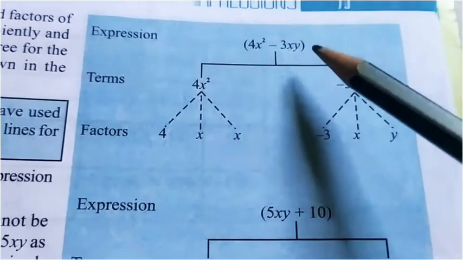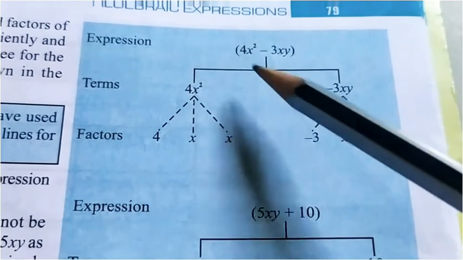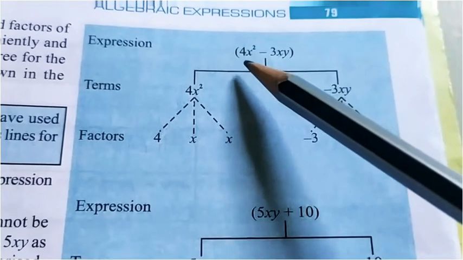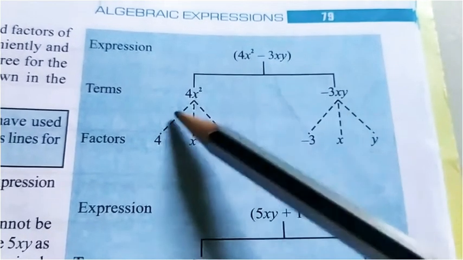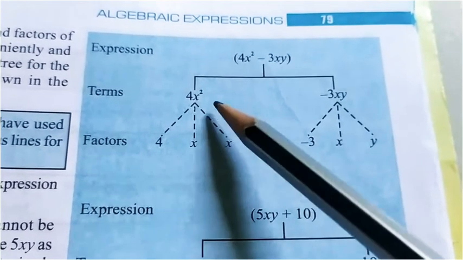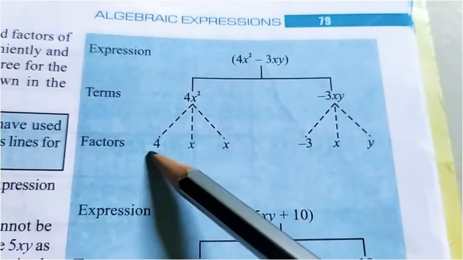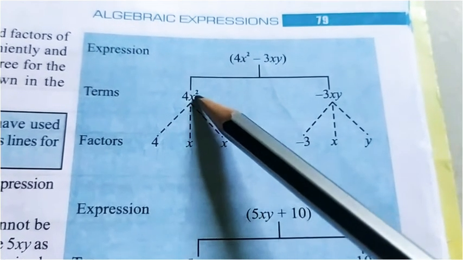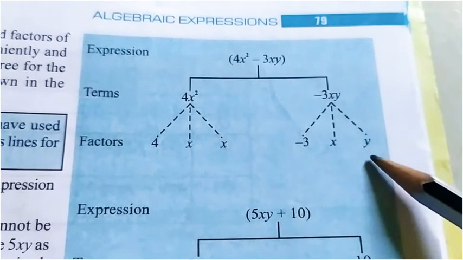See here how they differentiated terms and factors in an expression. In the example 4x square minus 3xy, 4x square is one term, minus 3xy is another term. The factors include 4, x and x; if you multiply again, you get the same 4x square. And in minus 3xy, minus 3 is one factor, x is one, y is one.